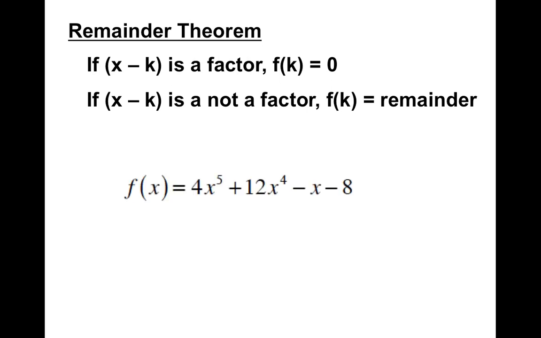So taking this last example, let's say we want to test one of the many possible factors. So let's say we decide, let's plug in 1 and see if that gives us a remainder of 0.